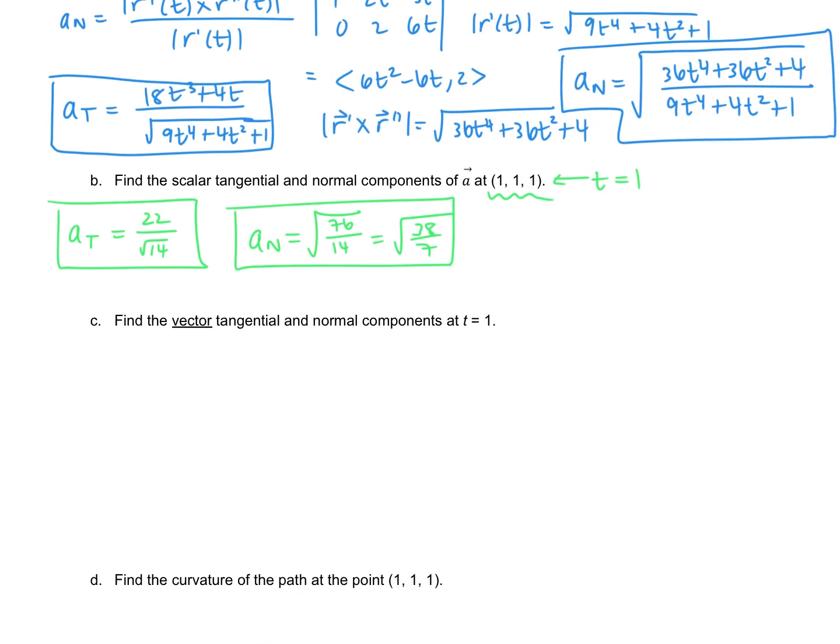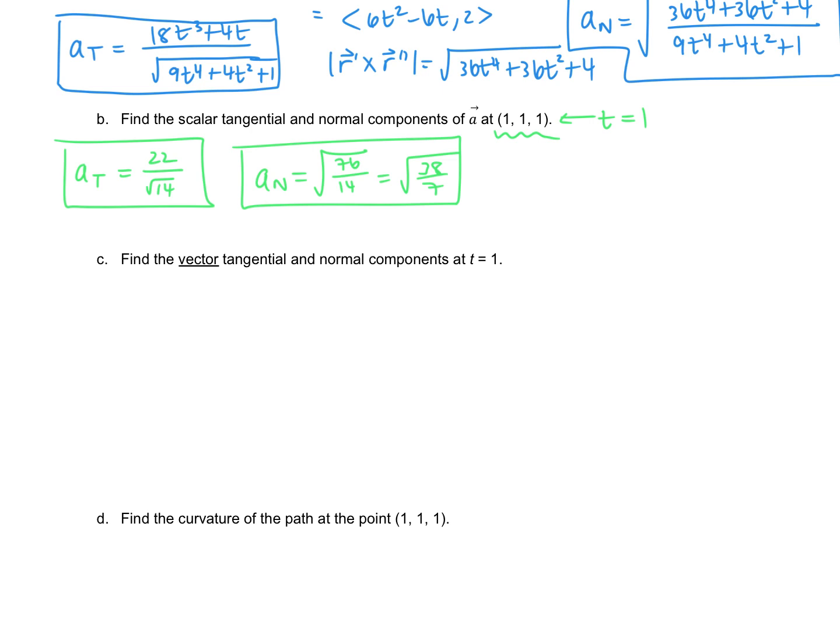Okay, part C, we are moving on to find the vector, tangential, and normal components. So if you recall, when we were deriving, we got A is equal to AT times T, add AN times N. So when it's asking for the vector, tangential, and normal components, it wants this part and this part. And again, we're doing this at t equals 1.